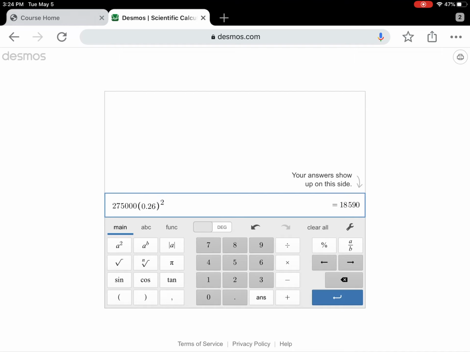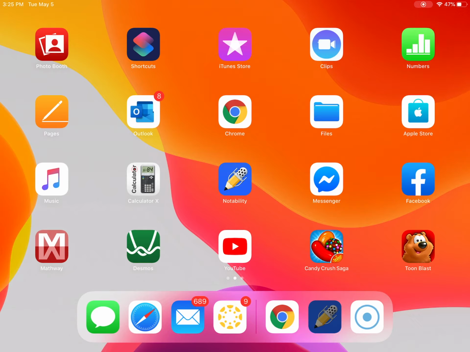There's something wrong with the buttons on my iPad. So the answer is 326.74 pounds. So after 5 years, that much glass bottles are still in use.